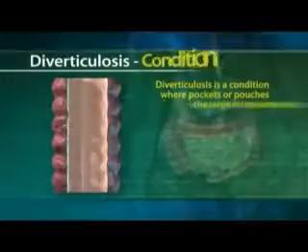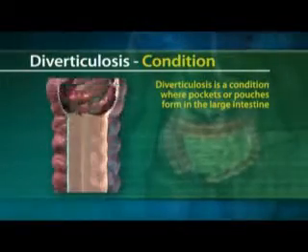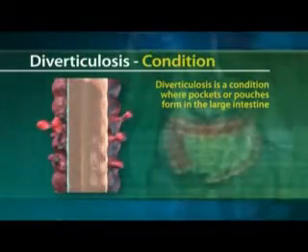Another serious condition which develops as a result of not having enough fiber in your diet is diverticulosis. Diverticulosis is a condition where pockets or pouches form in the large intestine. The large intestine is a long tube-like structure that stores and eliminates waste material.